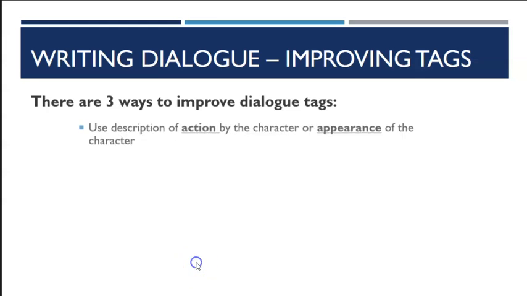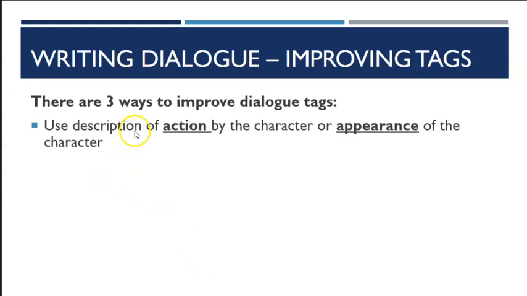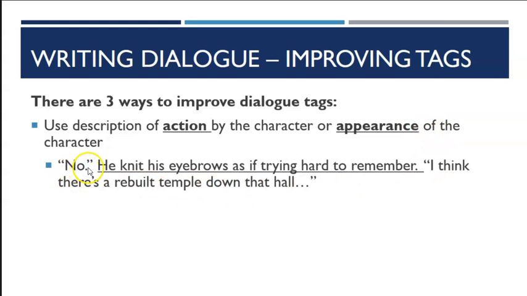The second way to improve dialogue tags is by not using a verb that means a character speaking, but instead putting the dialogue in a paragraph that describes an action by the character or the appearance of the character. Notice the period here. "No." He knit his eyebrows as if trying to remember.